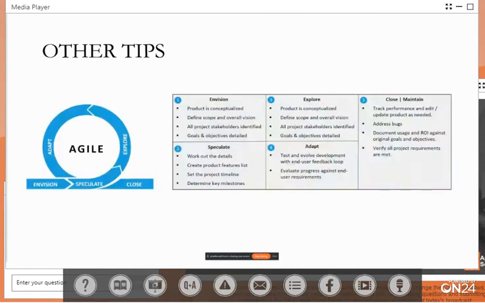And then the last thing: there is another piece to all of this, which we're not covering today. As we think about Agile, there is also the ideation component where we think about how we're going to make something. We're going to envision what it is that we're going to do, speculate on how it's going to be done, and set that project timeline.